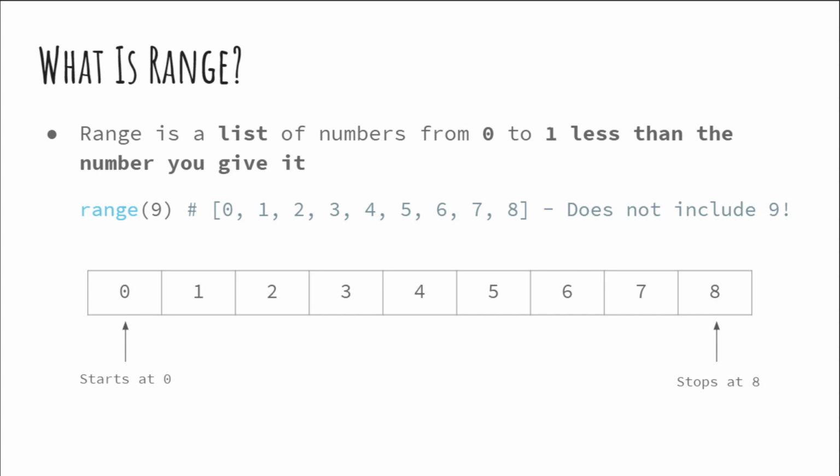So in this example, range 9 corresponds to the list 0, 1, 2, 3, 4, 5, 6, 7, 8. It stops at 1 less than the number we put in. That might seem a bit weird, but if you count up the number of elements in here, there's 9 elements. So you can think of it as being the first 9 numbers starting at 0.